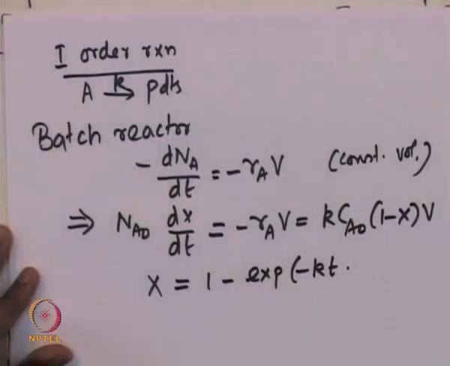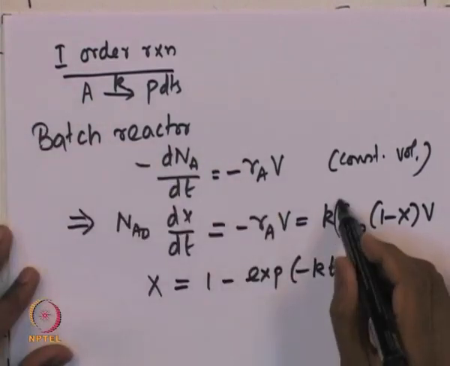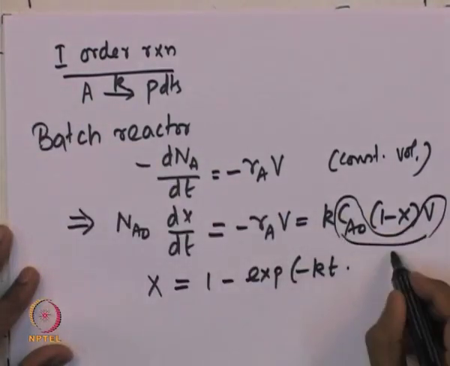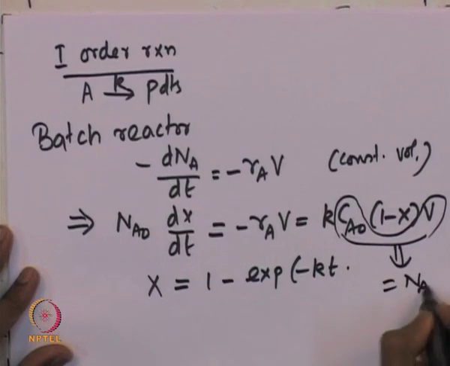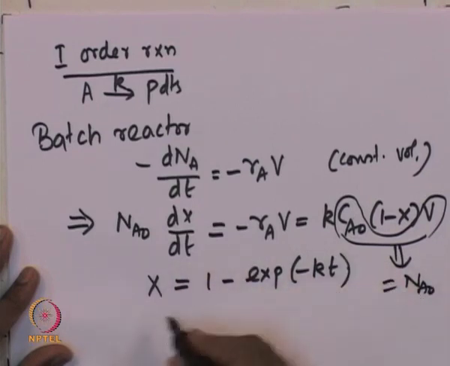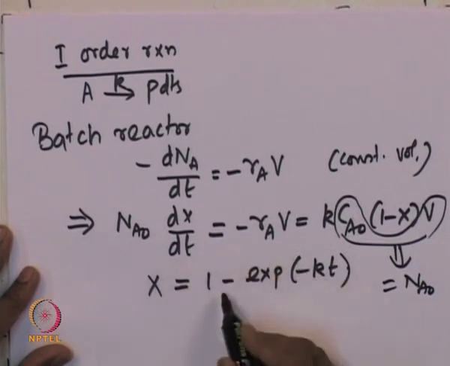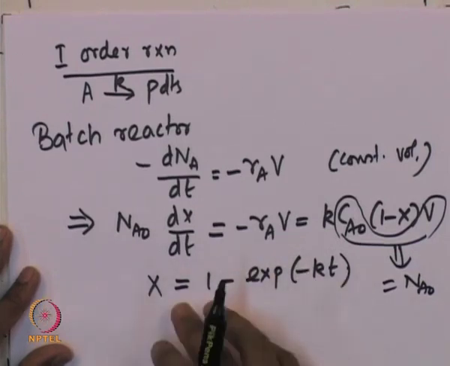And so, from here we can easily decipher that the conversion is equal to 1 minus exponential of minus k into t. And remember that the Ca naught into V is essentially equal to Na naught. So, therefore, the conversion in each of these globules is given by 1 minus exponential of minus kt. And so, from here we can now find out what is the mean conversion. We know the mean conversion is the integral over all residence time of the product of the conversion in the batch reactor multiplied by the corresponding residence time distribution.